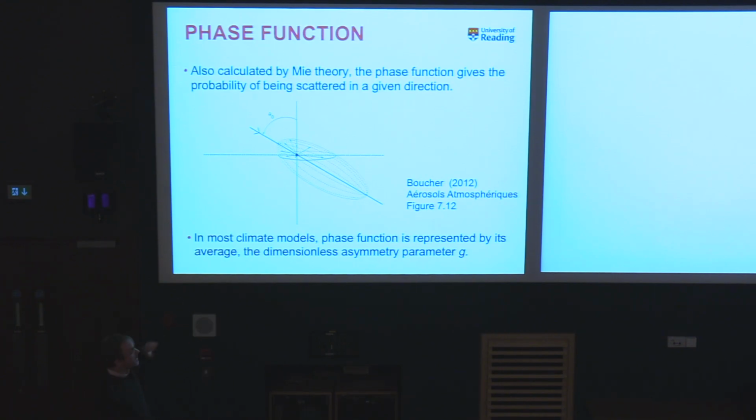So this is how a typical aerosol phase function looks. You see that it's very likely for the photon to be scattered forward, but backscattering and side scattering are not zero.